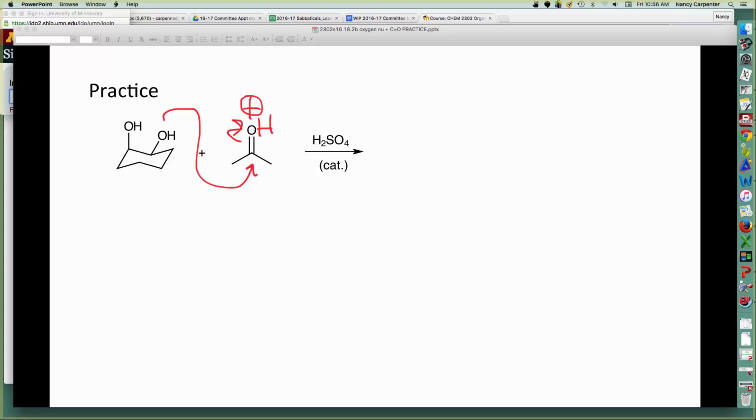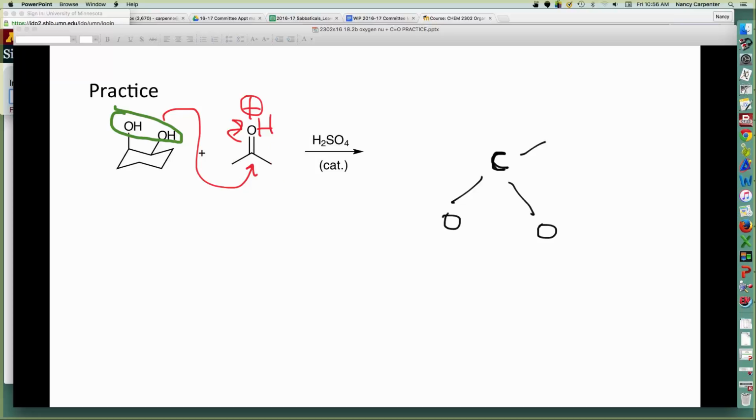So, ultimately, I think what I'm going to see is my carbonyl carbon here is going to have those two oxygens attached, and my carbonyl carbon has two methyl groups attached.